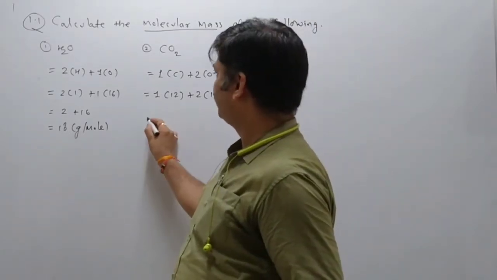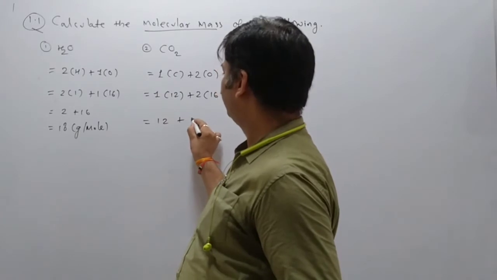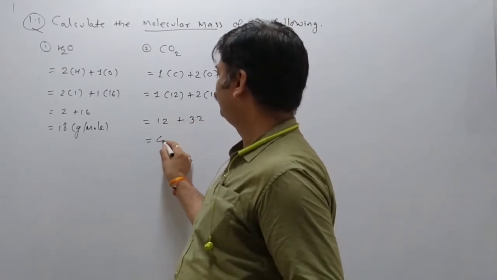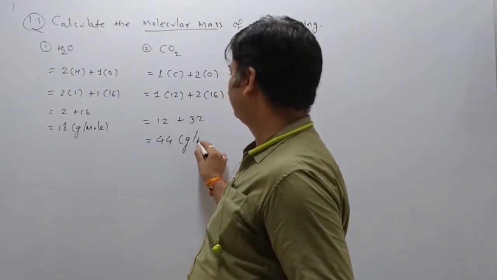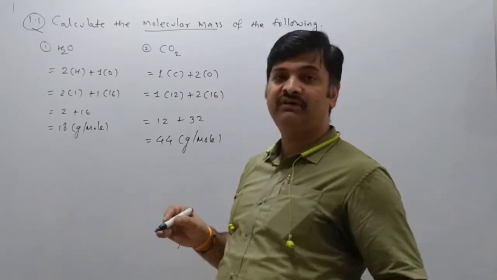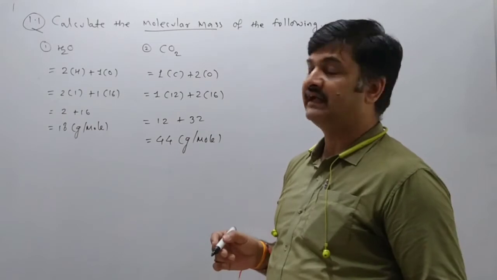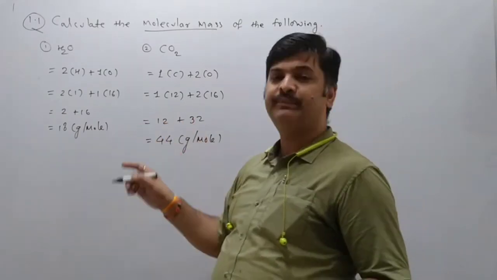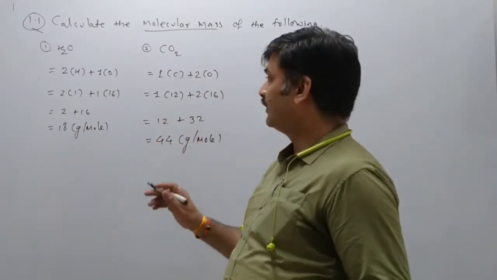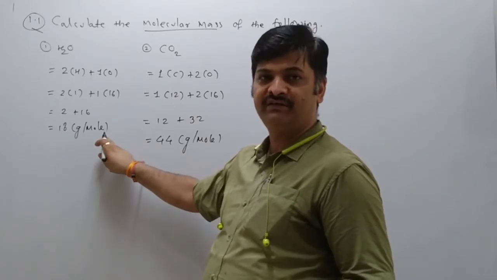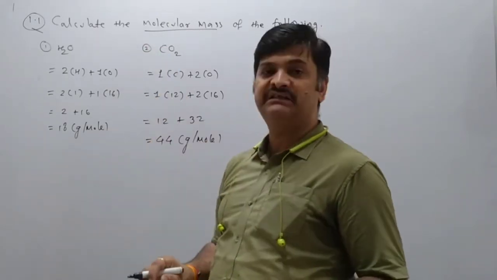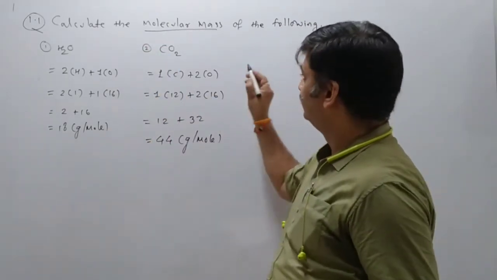Here 12 and then 32, so 44 gram per mole will be there. Whenever you are solving a numerical problem, you have to specify the unit. The unit of molecular mass is gram per mole.